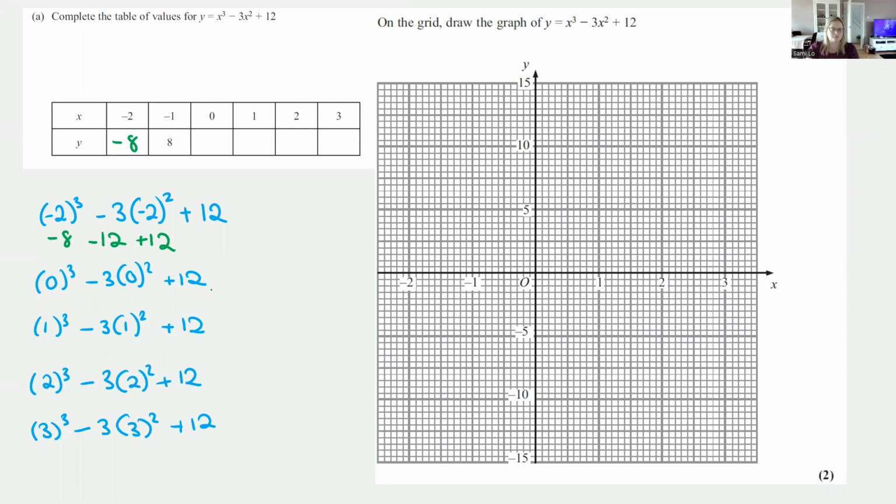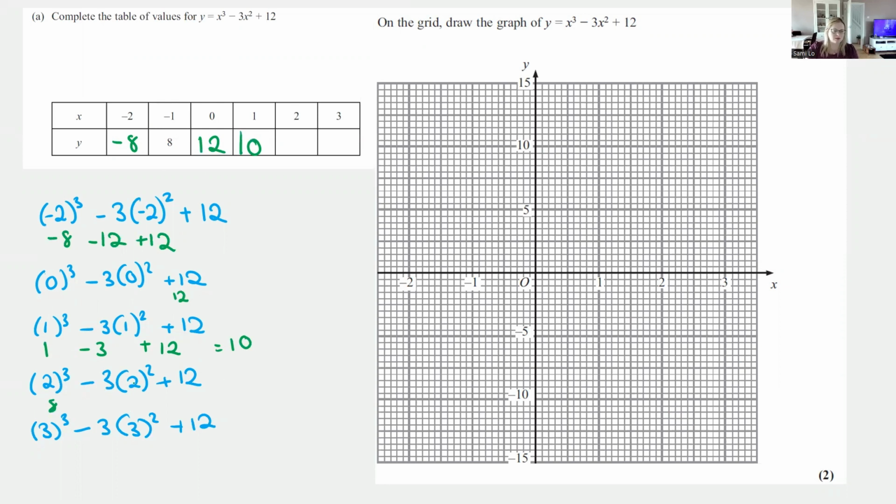0, 0, plus 12. So this is just going to give me 12. That was lovely. 1 -3 plus 12. So 13, 10 we should have had as an answer for that one. 8.